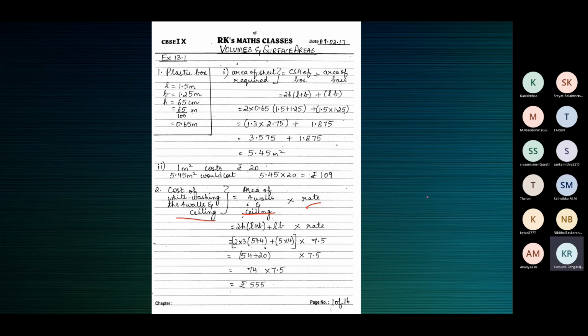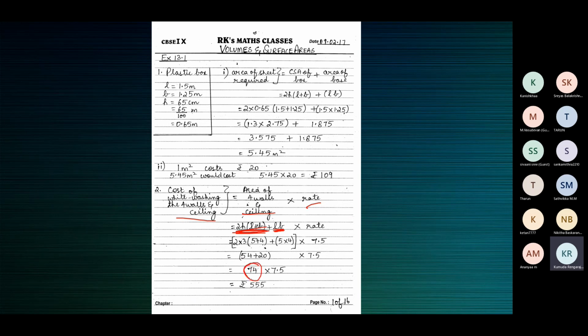So what is the total area to be whitewashed? The same thing, area of 4 walls is 2h into L plus B, similar to the earlier one. This is the area of the 4 walls, 2h into L plus B, and this is the area of the ceiling. Together, 74 meters square is the area.